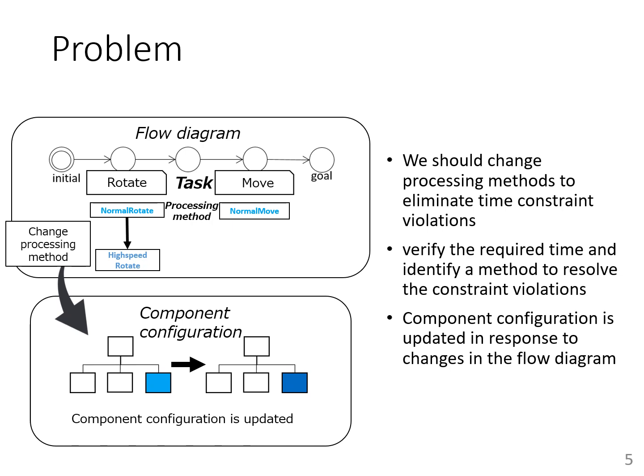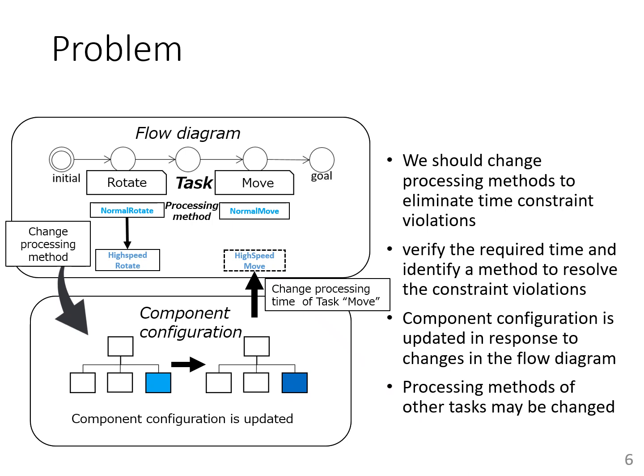So the component configuration is updated in response to changes in the flow diagram. If the component to be modified is also involved in the other task's execution, the processing method of those tasks must also be updated accordingly. In this case, modifying the processing method of high-speed rotate results in the updated component being used in other tasks as well.